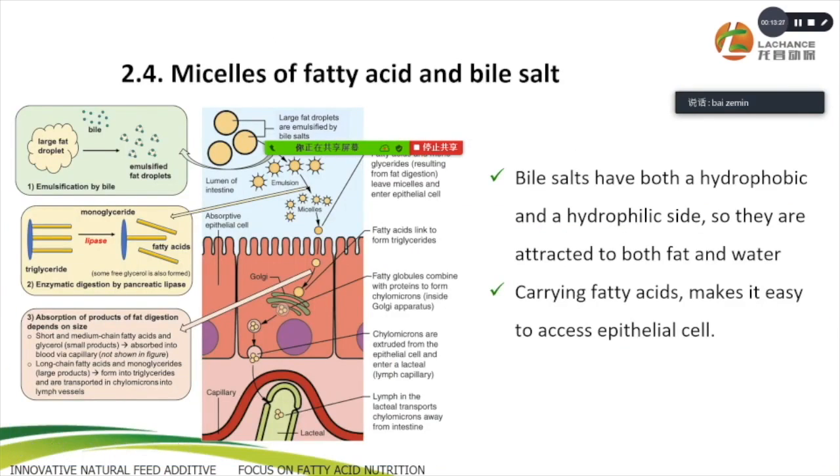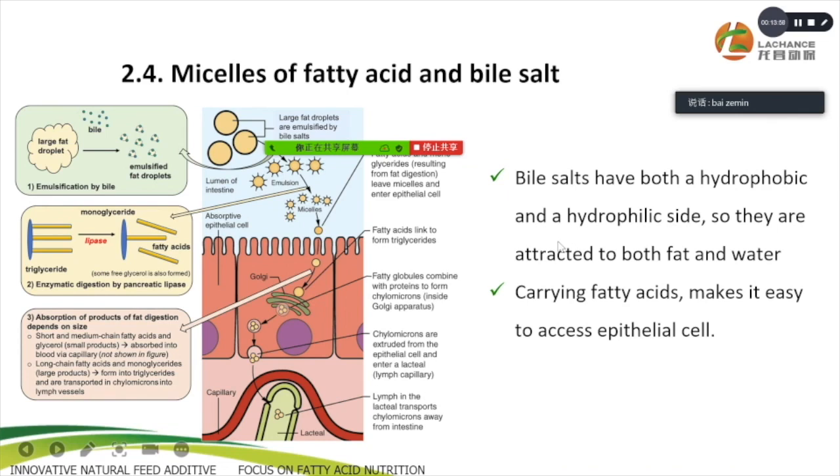Okay, the last step is absorption. After emulsion and digestion, fatty acids and bile salt form micelles. We can see here, finally forming micelles. Actually, fat cannot dissolve in water, but bile salt has two parts, as I mentioned just now, a hydrophobic and a hydrophilic side.